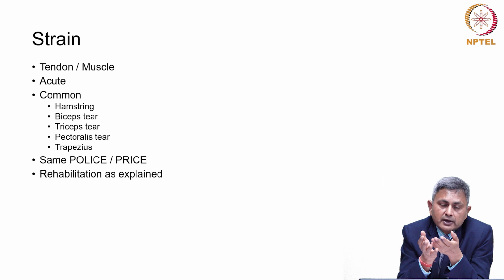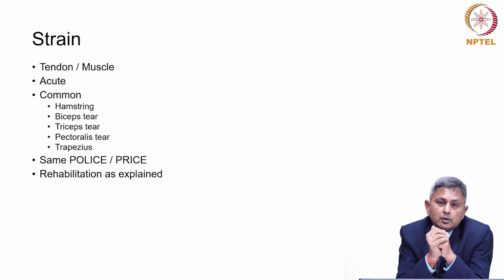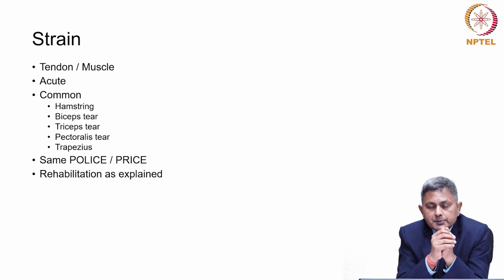biceps, where the biceps tendon ruptures and an abnormal shape of the biceps occurs. Or hamstring strain is quite common in sprinters.